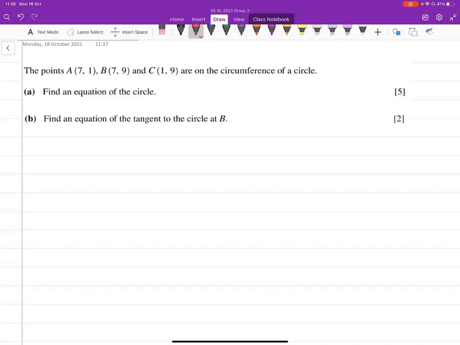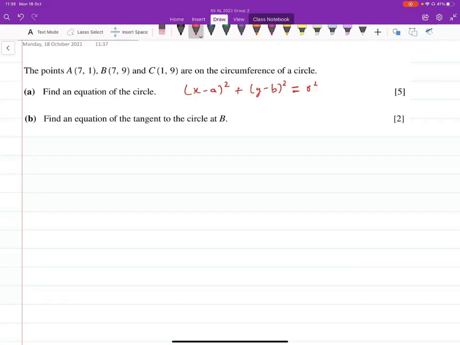Now, what is the standard form of the equation of a circle? It's x minus a whole square plus y minus b whole square equals r square. That's the standard form of the equation of a circle. And a, b are the coordinates of the center, r is the radius.